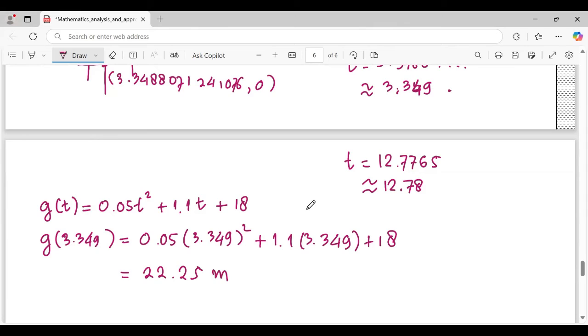And the direction is to the south, which is downwards. So the water first reaches the turtle at 22.25 meters, in the direction to downwards or to south.